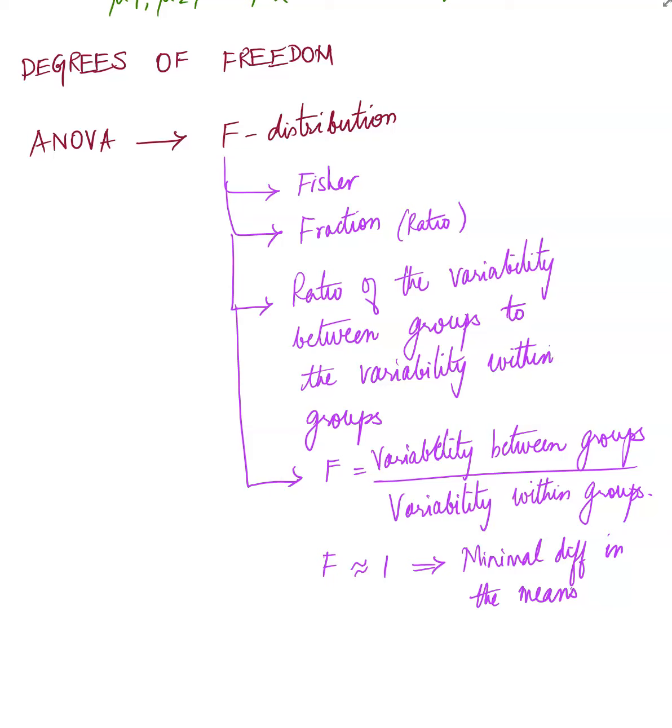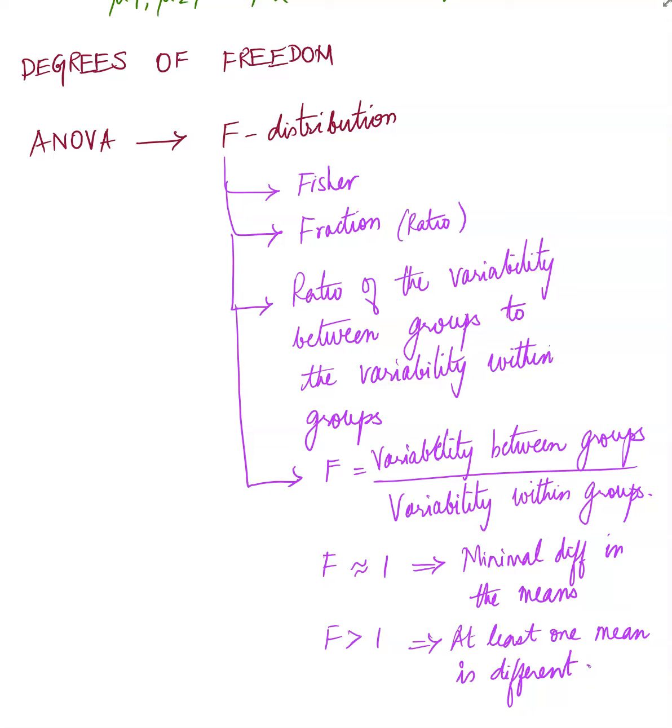But F has to be always positive, so if this is greater than 1, then we have evidence to conclude that at least one of the means is different. If F is greater than 1, it implies at least one. And so that is where we use the statistical test to see if that difference is significant.